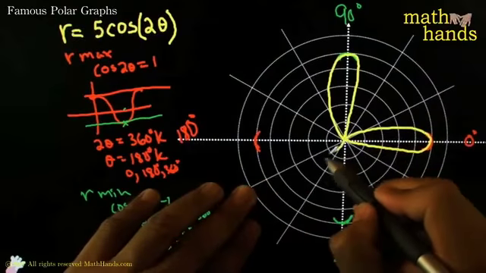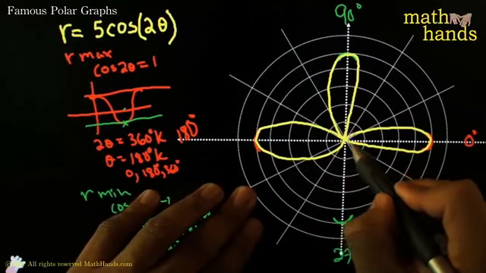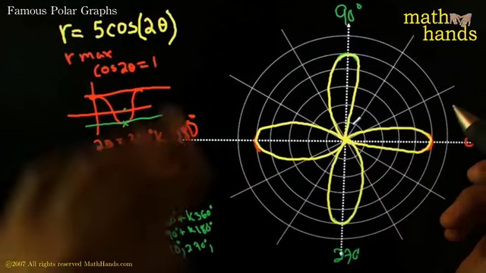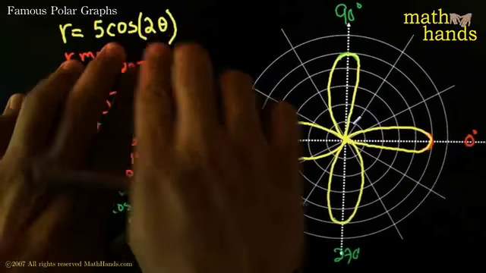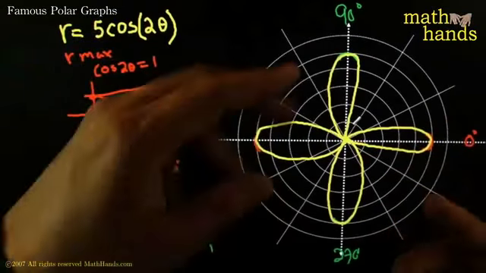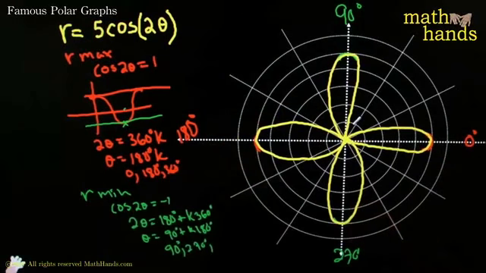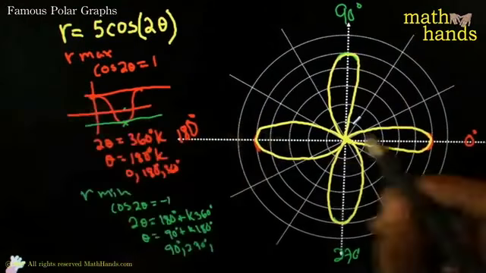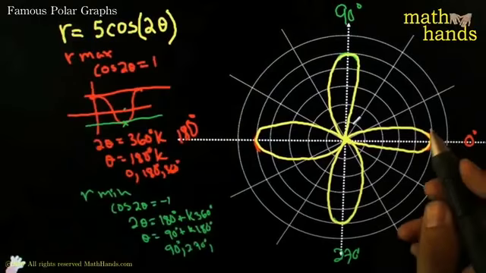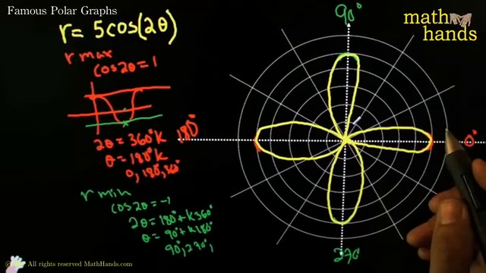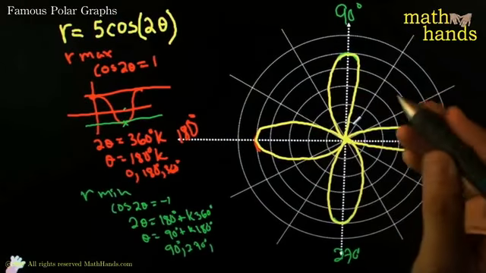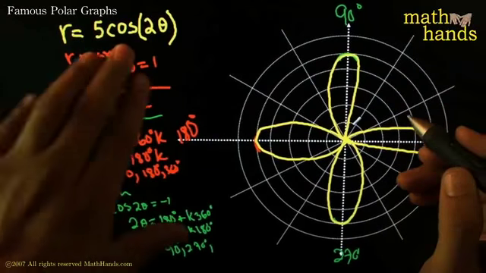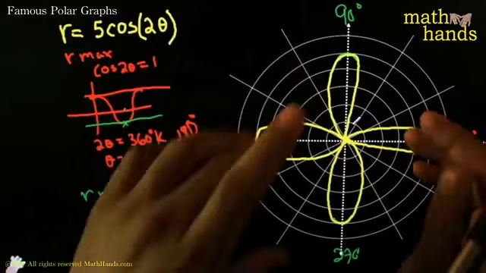If you don't believe me, you could try plotting points. Beautiful. See, a rose with 4 petals. It'll always generally be the case that if this is even, the max and the minimum won't overlap, so they have twice as many. When it's odd, they will overlap just like they did before, and you just have that many. Interesting, huh? Very nice analysis of the equation so that you can figure out where the tips of the petals are.